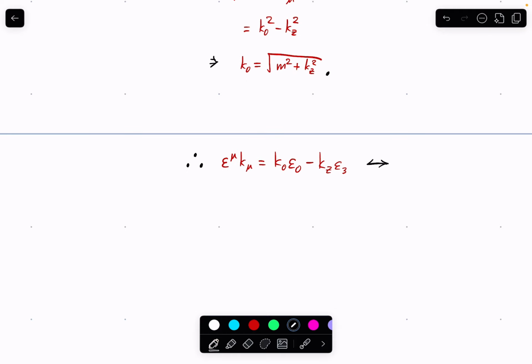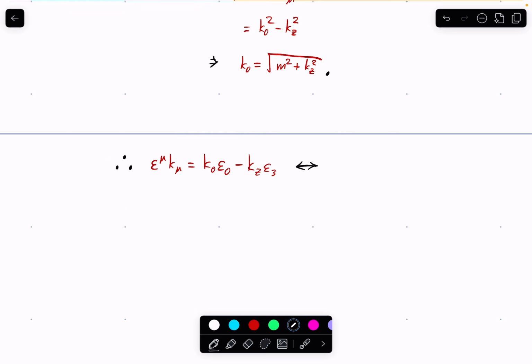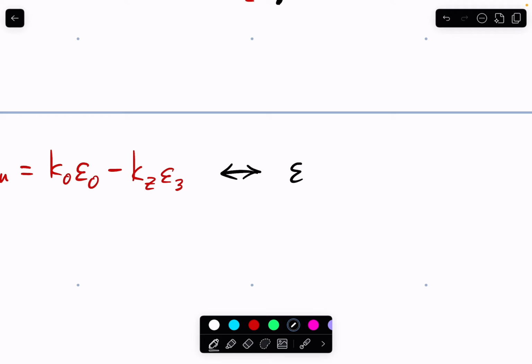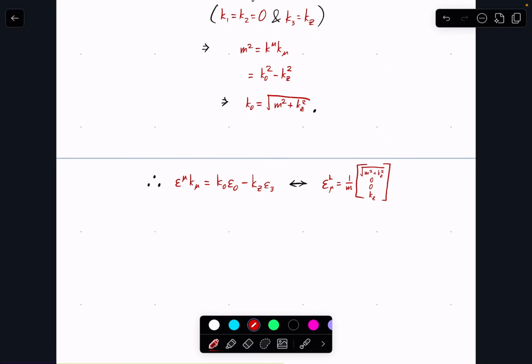Which will correspond to the following vector. Corresponds to this. So L means longitudinal. And then there's a normalization factor, we'll see why that comes in a second. And then square root of m squared plus kz squared. And then we can have 0, 0, kz right here.